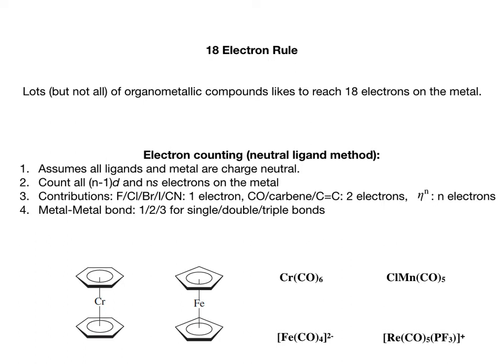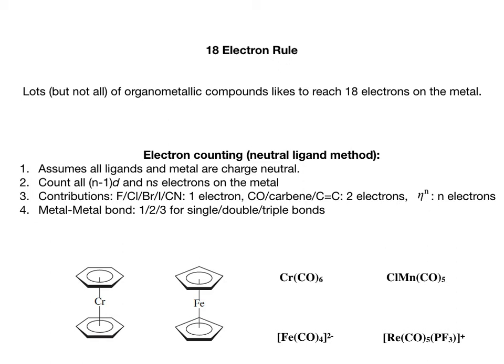Because if they are neutral, then they can form a covalent bond with the metal, and that's equivalent to contributing one electron to the metal. There are other ligands that are normally neutral by themselves, such as carbonyl, phosphine, carbene, or carbon-carbon double bonds, and in those cases they will contribute 2 electrons.